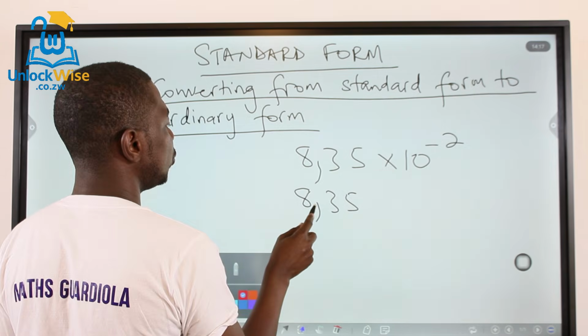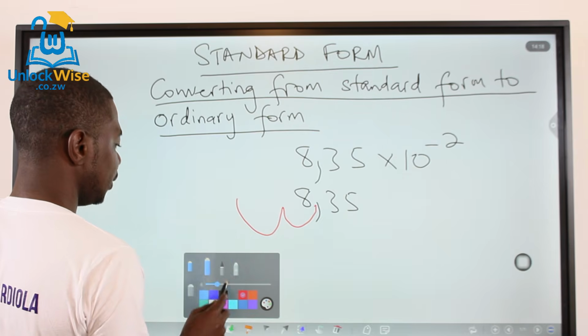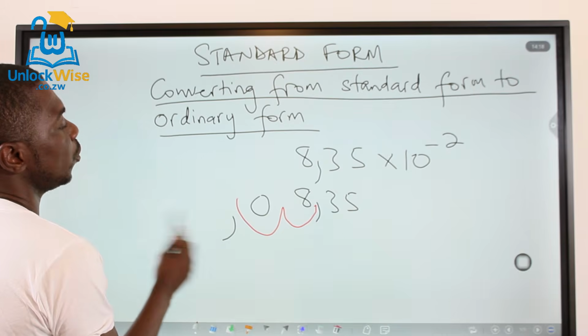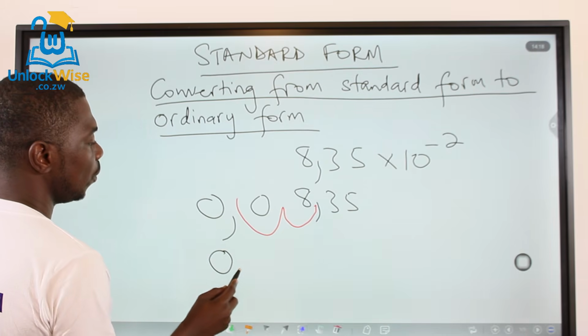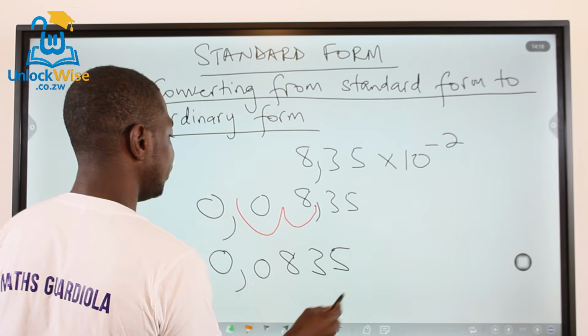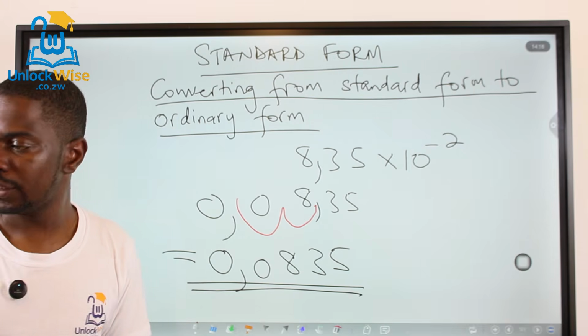How many times? 2. So 1, 2. Here is where our comma should be. So we will have 0 here, and because we don't have a number here, we'll put 0. So we have 0, comma 0, 8, 3, 5 as our answer, right?